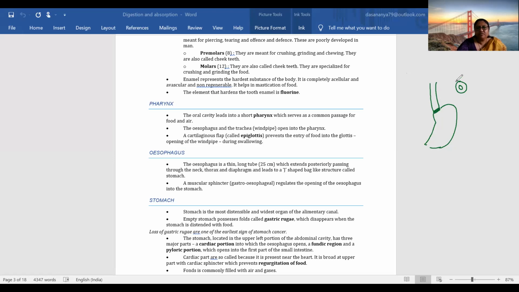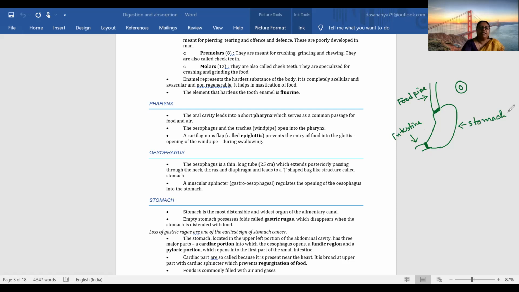Now the question is why do we require a sphincter? Because at the end of the stomach, where the stomach is meeting the small intestine, so this is the food pipe, this is the intestine, this is the stomach.